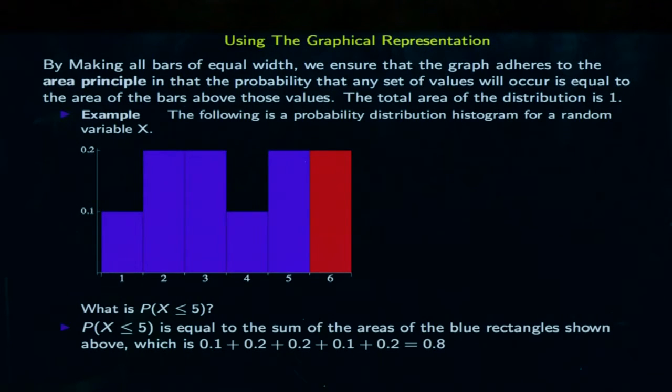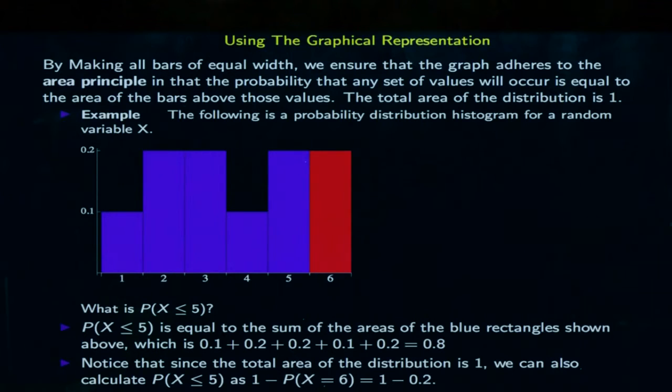What is the probability that x is less than or equal to 5? Well, it's actually the sum of the areas of the rectangles above 1, 2, 3, 4, and 5, which are now the blue rectangles. And we can see that that's 0.1 plus 0.2 plus 0.2 plus 0.1 plus 0.2. It's 0.8.